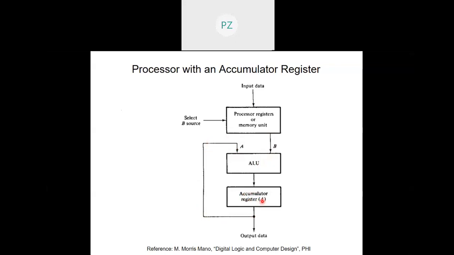So that way accumulator enjoys not only the destination privilege, but also the privilege of being one of the operands as well. Okay.